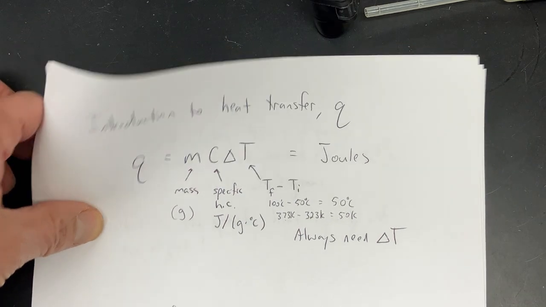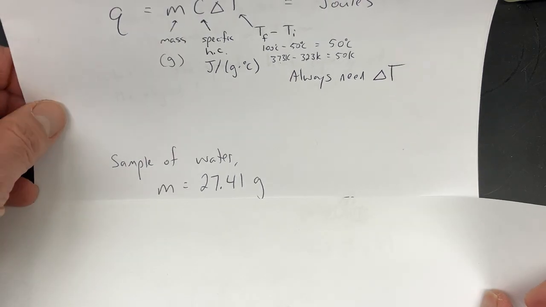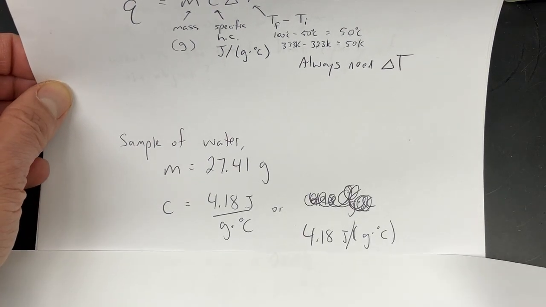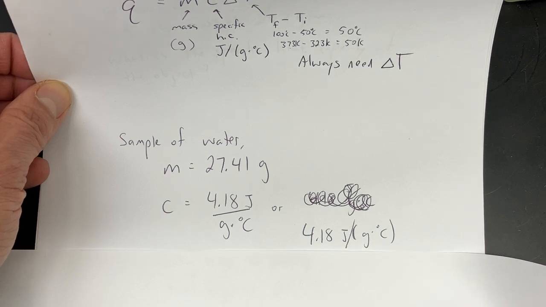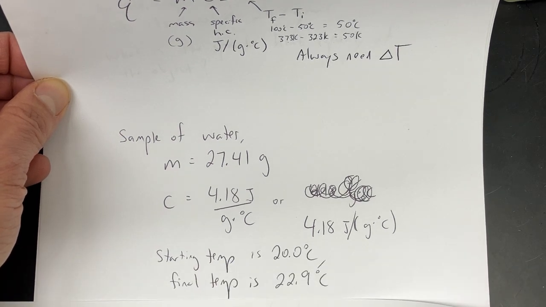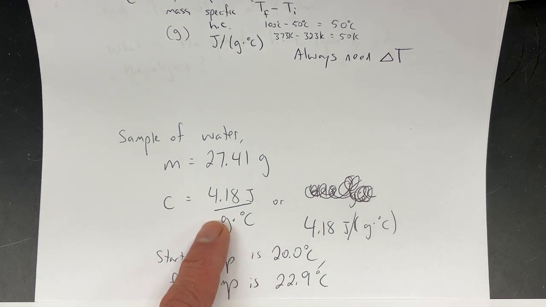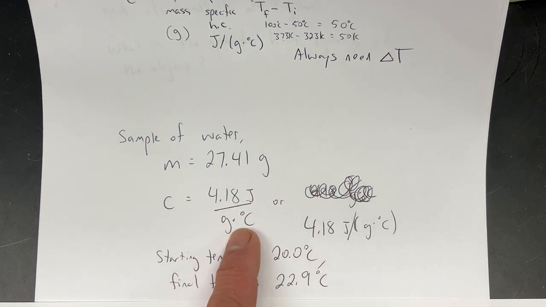So let's try this. I have a sample of water. Let's say the mass of water is 27.41 grams, and the specific heat capacity of water is 4.18 joules per gram degrees Celsius.